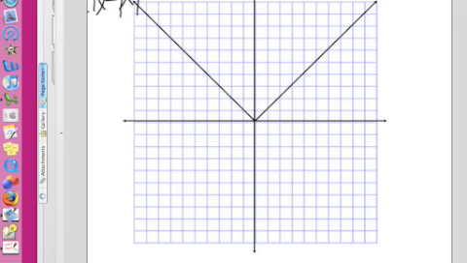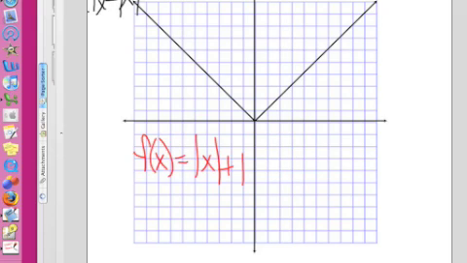Say we take this equation, f of x is equal to the absolute value of x plus 1. Now what does this do?